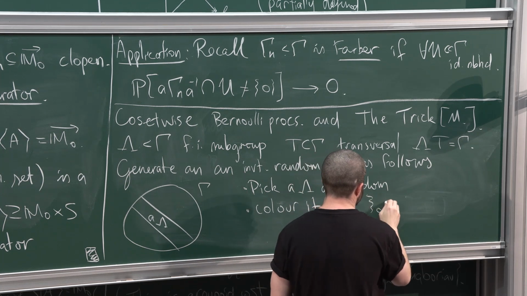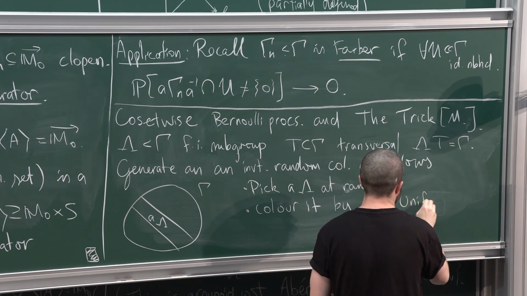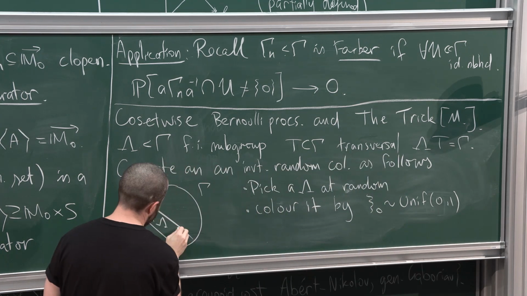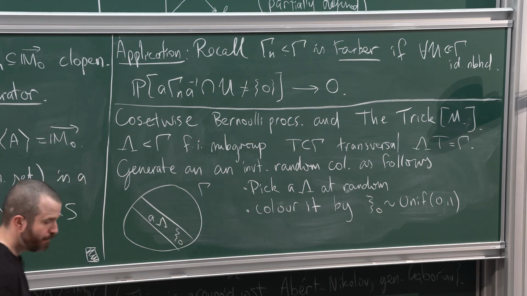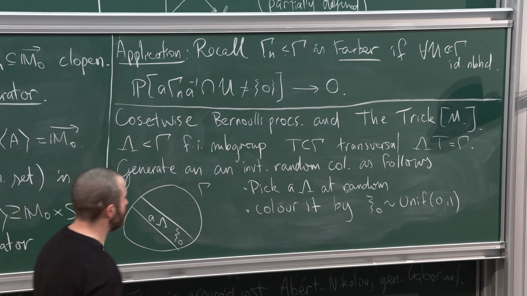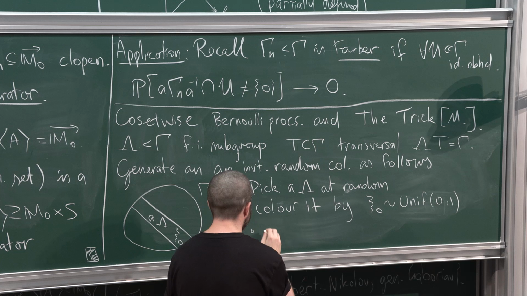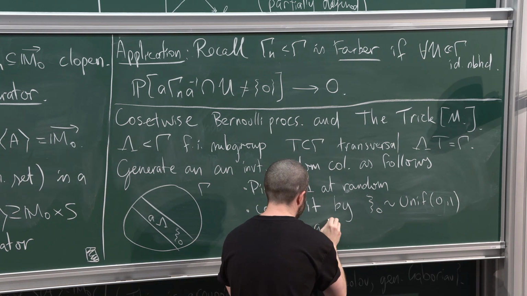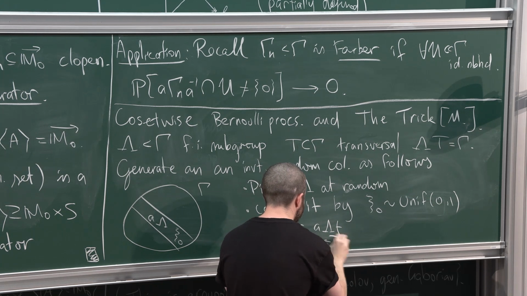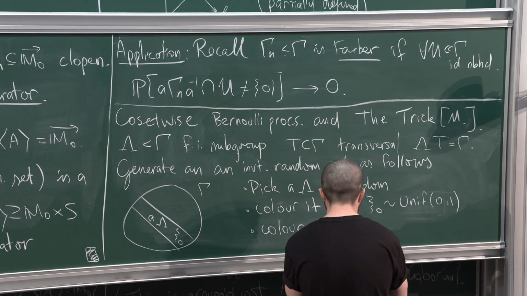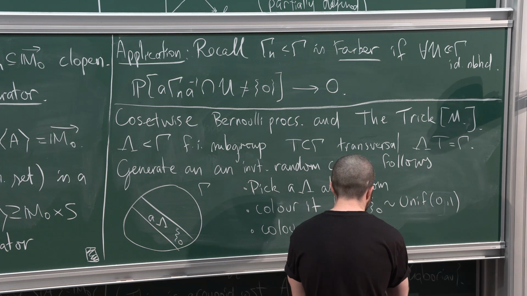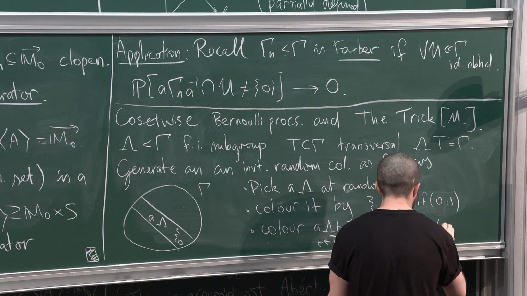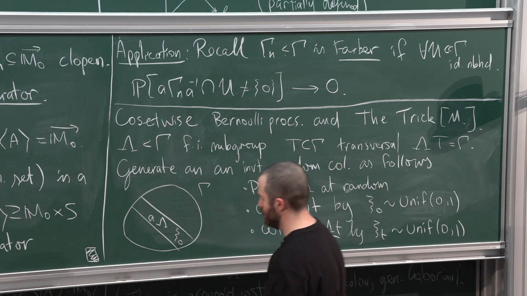Well, just a uniform 0, 1 random variable. This is still no good, but I want you to color the remaining cosets, lambda t, by something else, psi t, which is uniform 0, 1. And all these random variables should be independent.